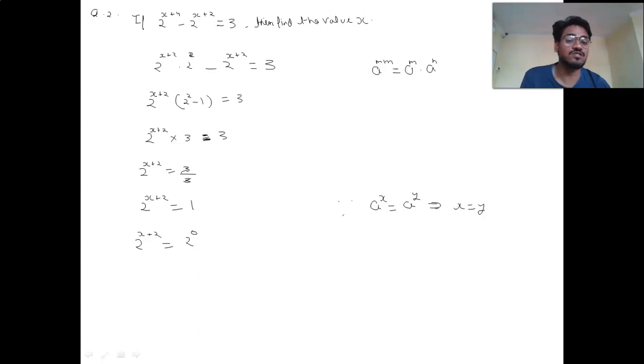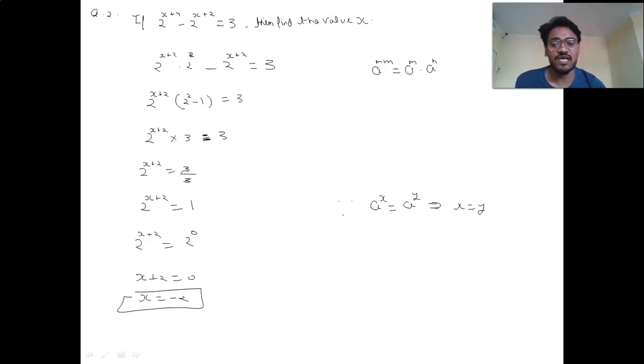See, 2 raised to the power 0 is going to be 1 only. So if you compare by this concept, what you will get? You will get x plus 2 is equal to 0 or x is equal to minus 2. So in this way, this kind of question can be solved. I guess clear? Okay, what you have to do, you have to just make the two sides with the same base, so that you can compare their exponents. Okay students, so in this way this question is solved.